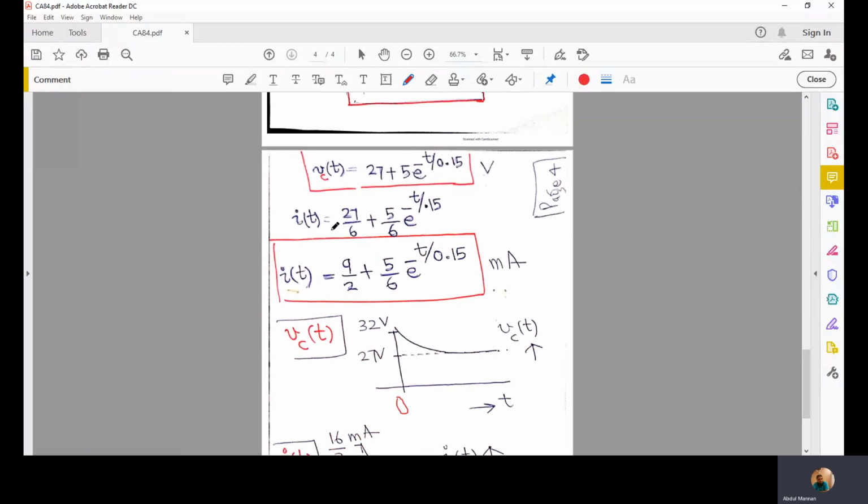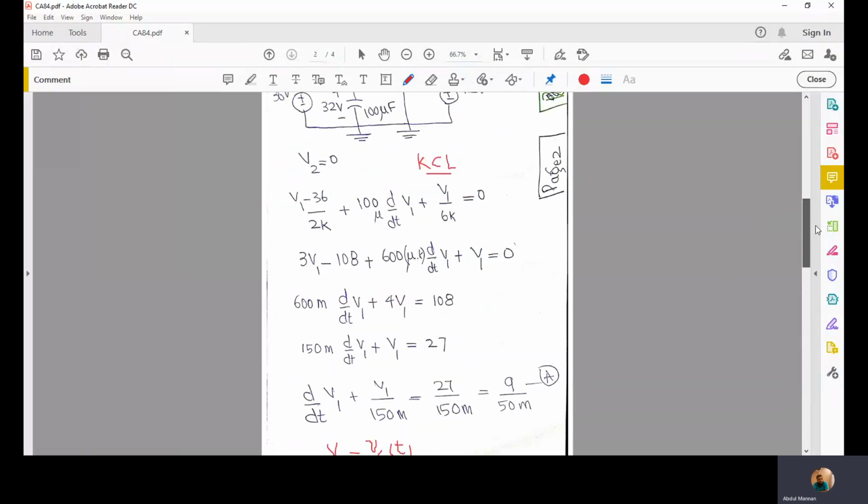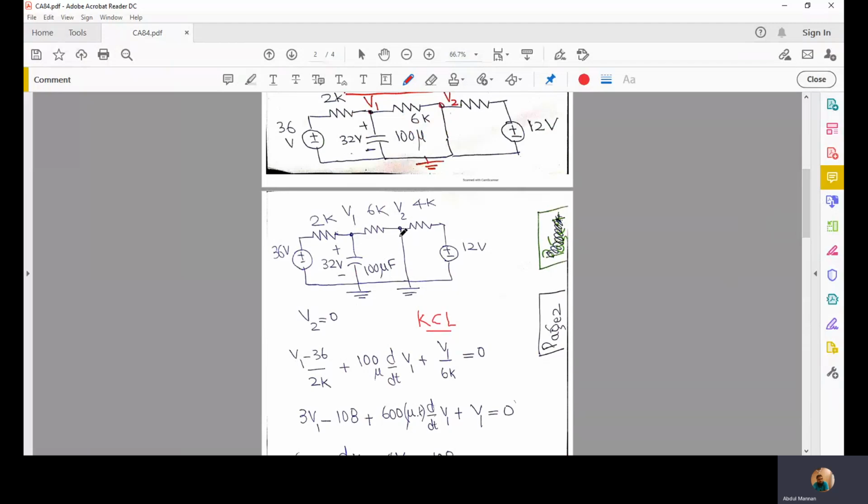And then I of t: if we know V sub C of t or V1, computing I of t is straightforward because this node is grounded.